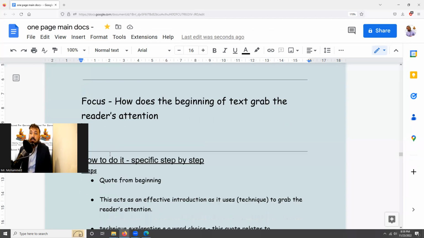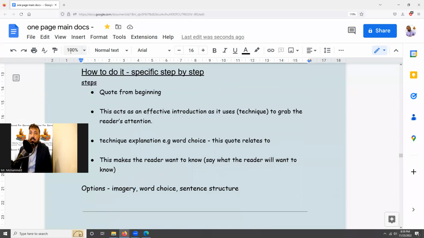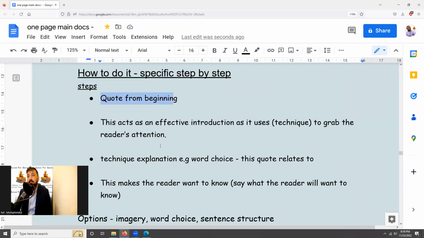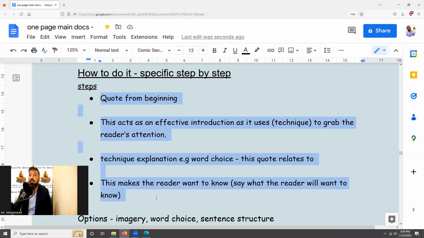Now, the way that we're going to do that is actually very simple. So here are your steps. In terms of the steps, all you have to do is quote from the beginning. So quote something from the introduction.